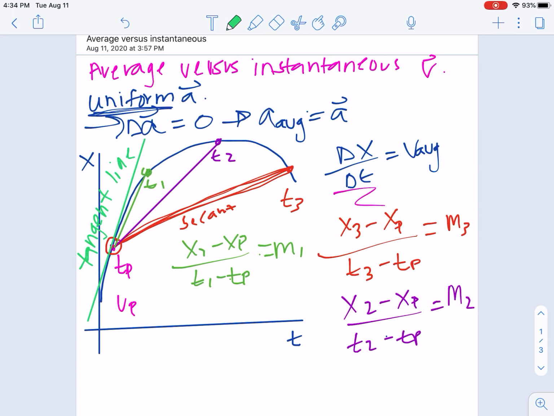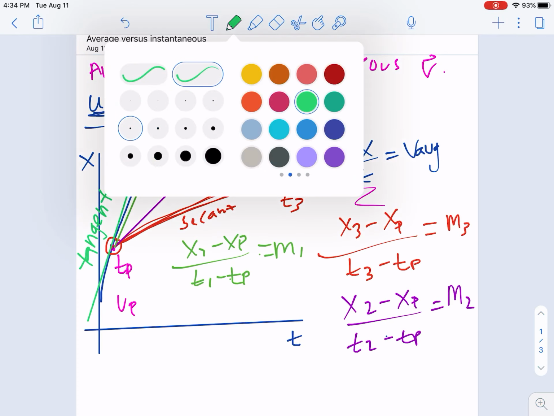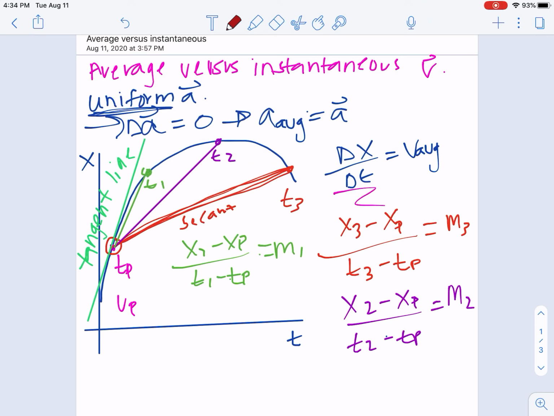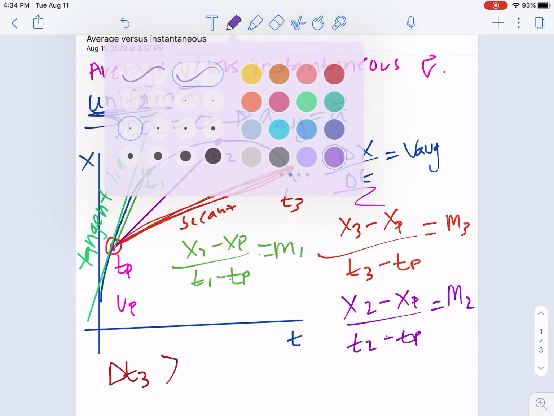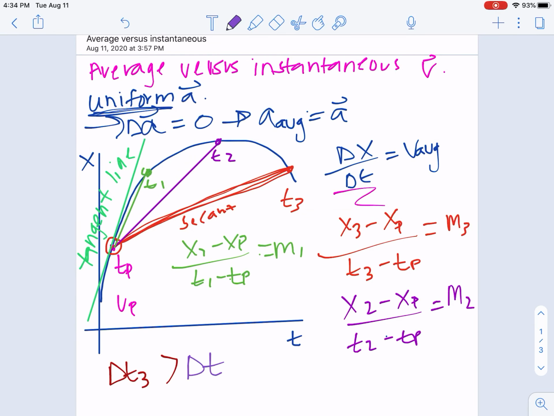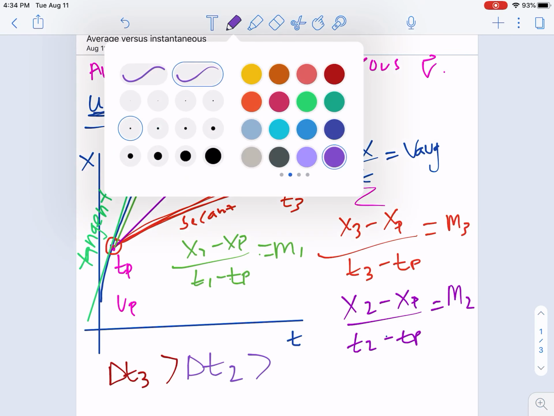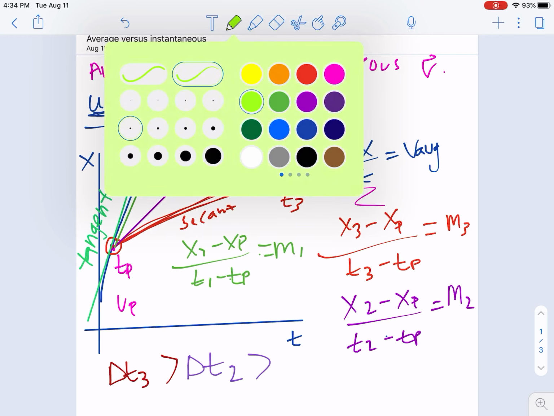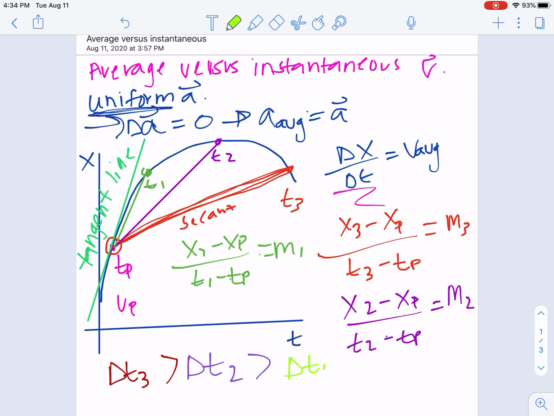What we are doing, if I were to put these in order of size, it would be delta T3 is greater than delta T2, which was greater than delta T1.